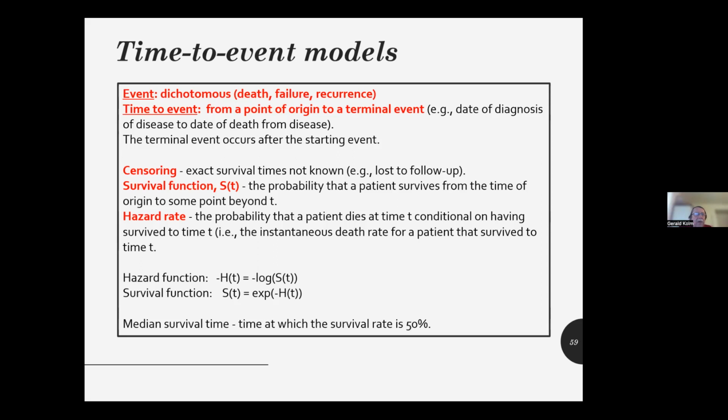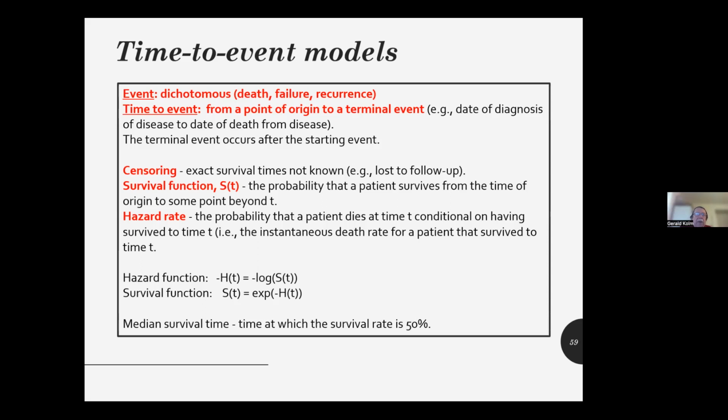The survival function is the probability that a patient survives from the time of origin to some point beyond that particular time point. In time to event models or survival models, we also calculate what's called the hazard rate.